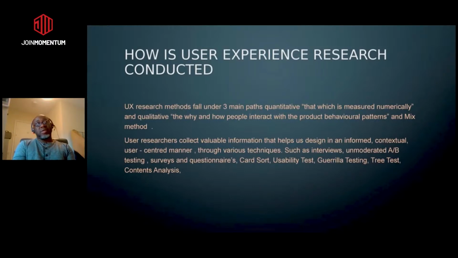However, now there's quantitative, there is qualitative, and there's also the mixed method, which is from both. You can go into research using the qualitative, which is the why people use something, or how they interact with it. The quantitative is measured in the number of people that use the thing, the number of people that interact, how many successfully use it.